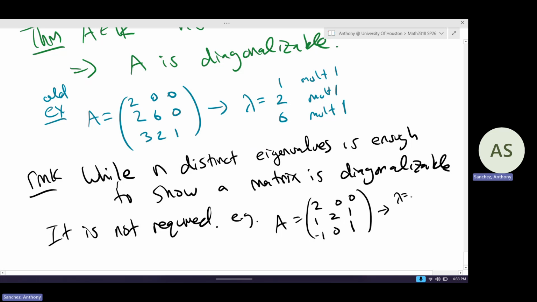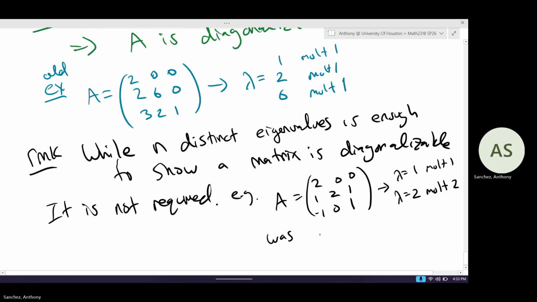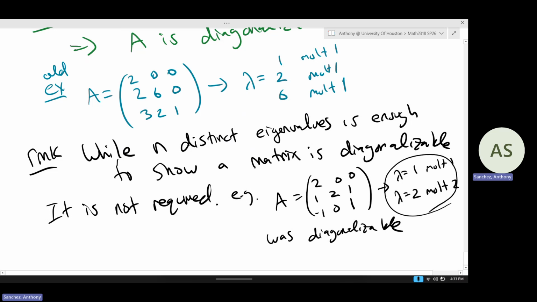This had lambda equal to 1 with multiplicity 1, and lambda equal to 2 with multiplicity 2. Okay? And this was diagonalizable. That is to say, even though I don't have distinct eigenvalues, that is to say, I have 3 eigenvalues, but they're not all distinct. One of them is repeated. I'm still able to argue that this thing is diagonalizable.